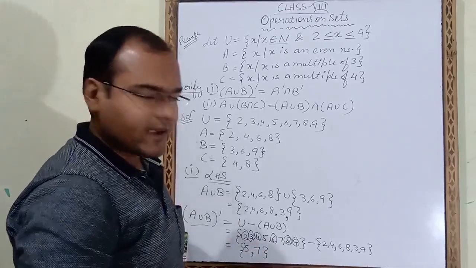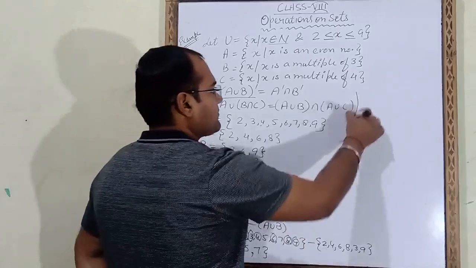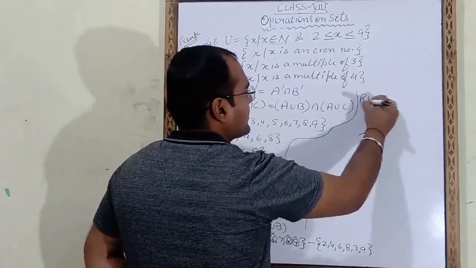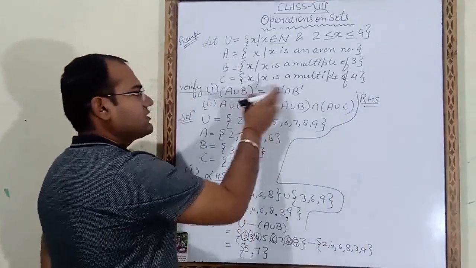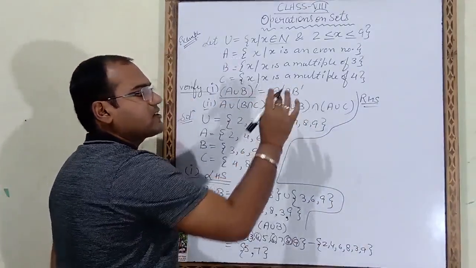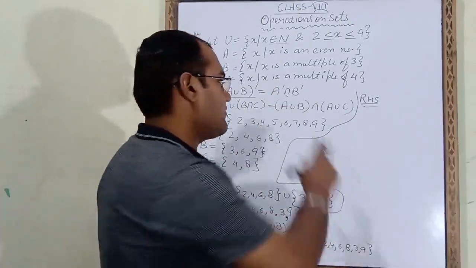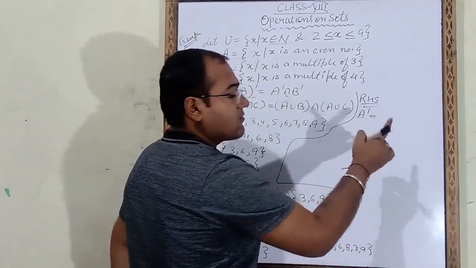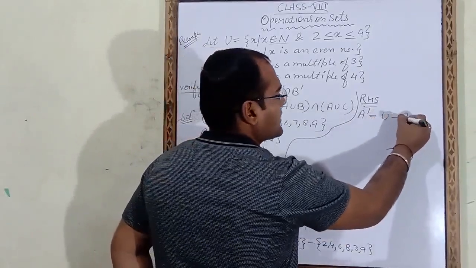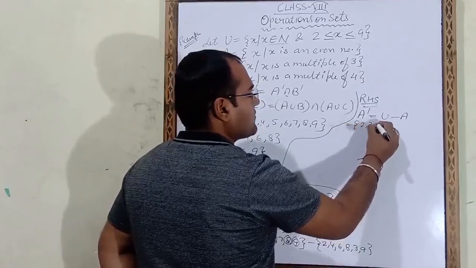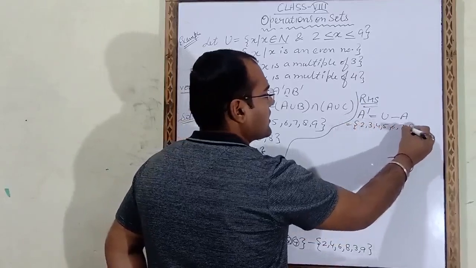Now we will solve the right hand side. What is the right hand side? A complement intersection B complement. Intersection we will find later. First of all we will find A complement. For complement we have to use the formula universal minus A. Universal elements are 2, 3, 4, 5, 6, 7, 8, 9.